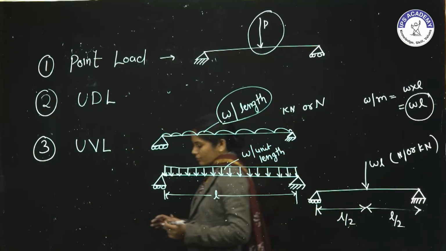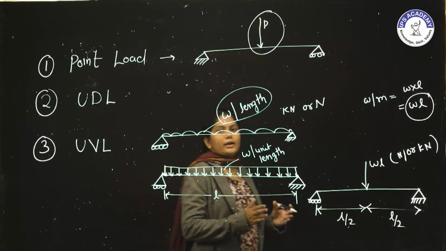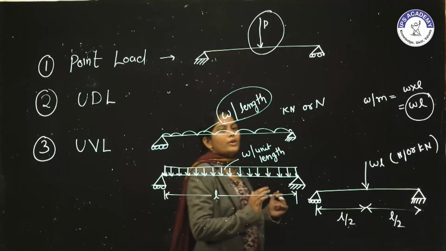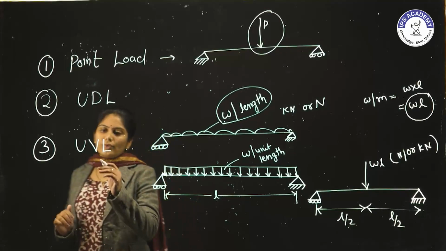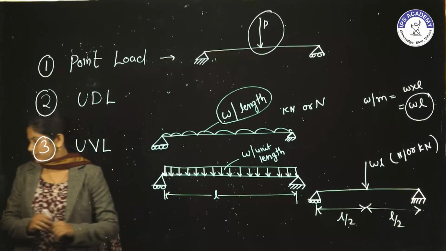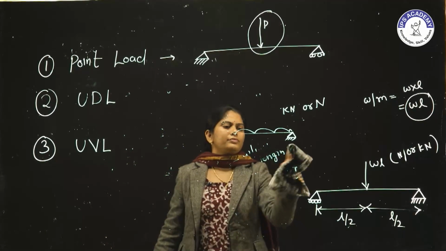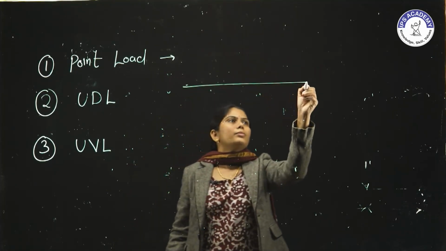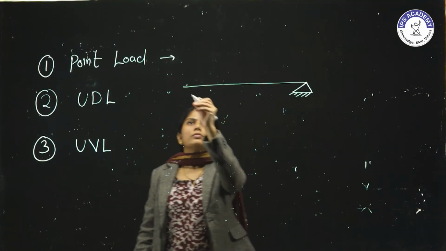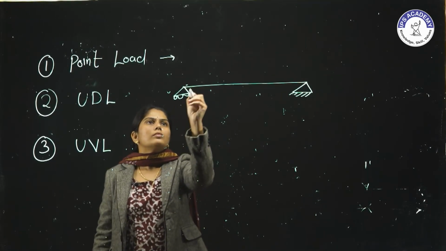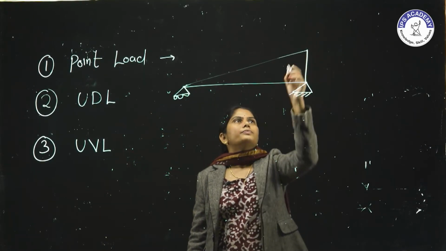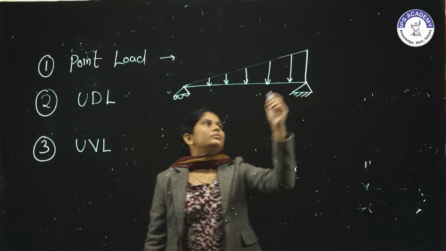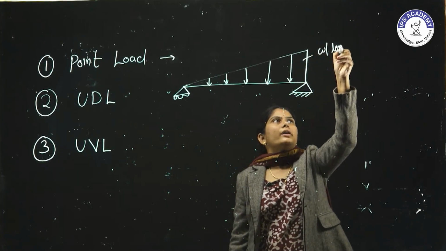Example of UDL is water load acting on the floor of a tank, or self weight of beam. Now UVL, uniformly varying load. This is the diagram, W per length.